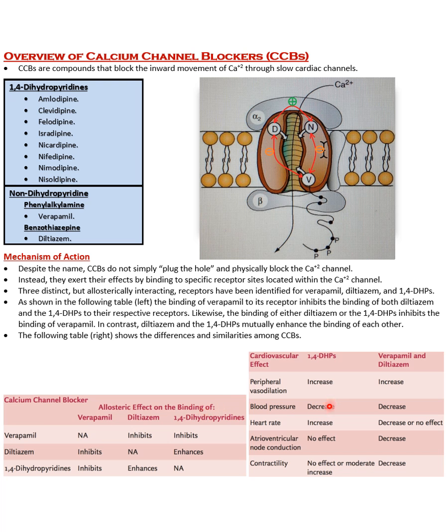The next table here shows a comparison between these drugs. Notice that verapamil and diltiazem have similar effects, which is different from the 1,4-dihydropyridines. The main change would be on these last three features, the effects on the cardiovascular system.